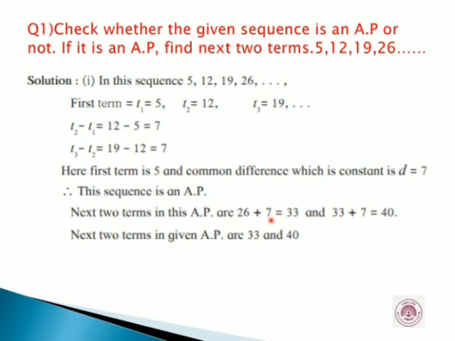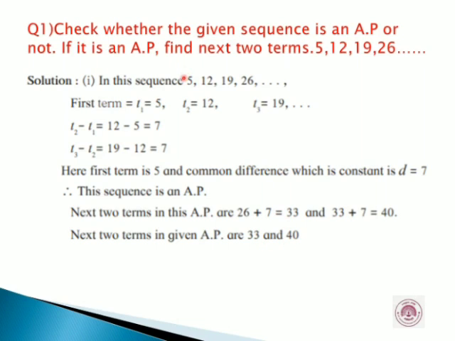Why are we adding 7 here? Because the common difference is 7. We get each term by adding the common difference to the previous term. So 26 plus 7 is equal to 33 and the next term will be 33 plus 7, which is equal to 40. So the next two terms in the given AP are 33 and 40.